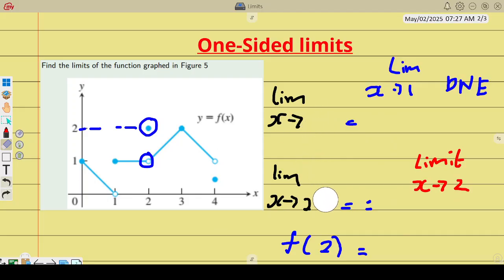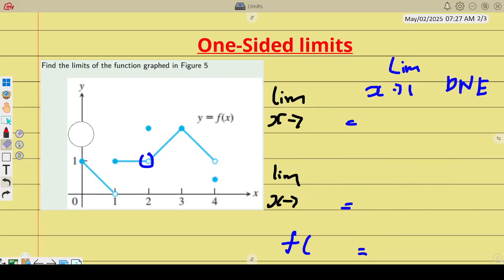So let us do another one. By the end of the last example, you will have understood everything. What about the point 3? What happens at this point? We're now going to 3, the limit as x approaches 3.